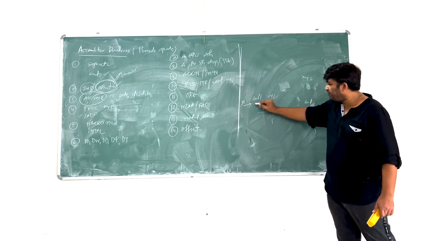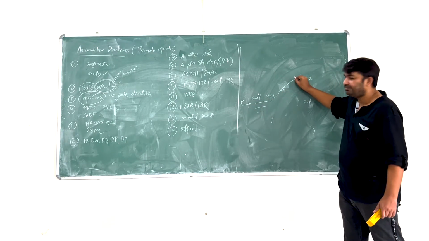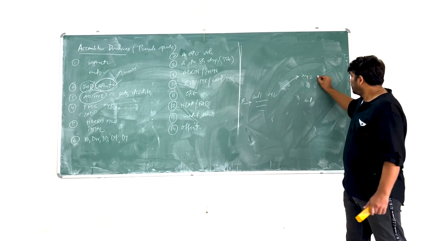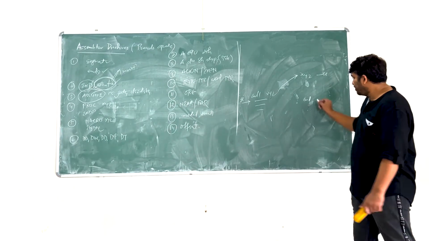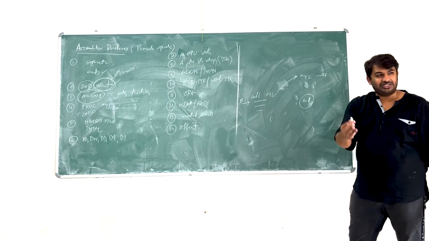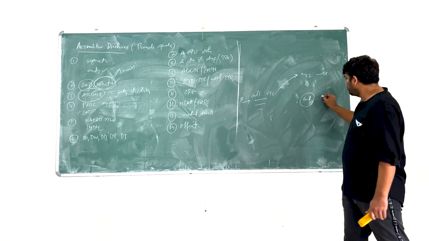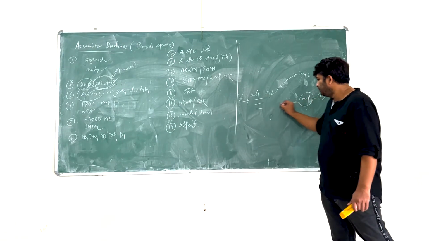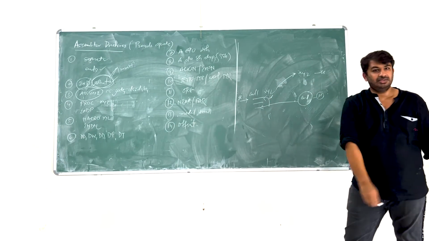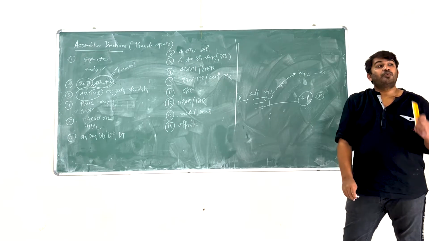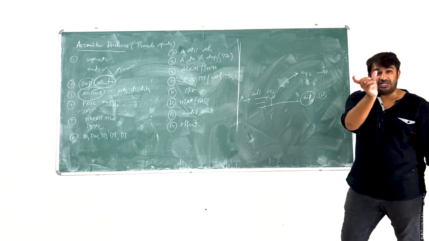So your IP, you need to change from this line to this line. Here you need to make your IP. So your IP value will get changed. And whenever your ENDP or return statement comes, you again need to change your IP from this line to here.